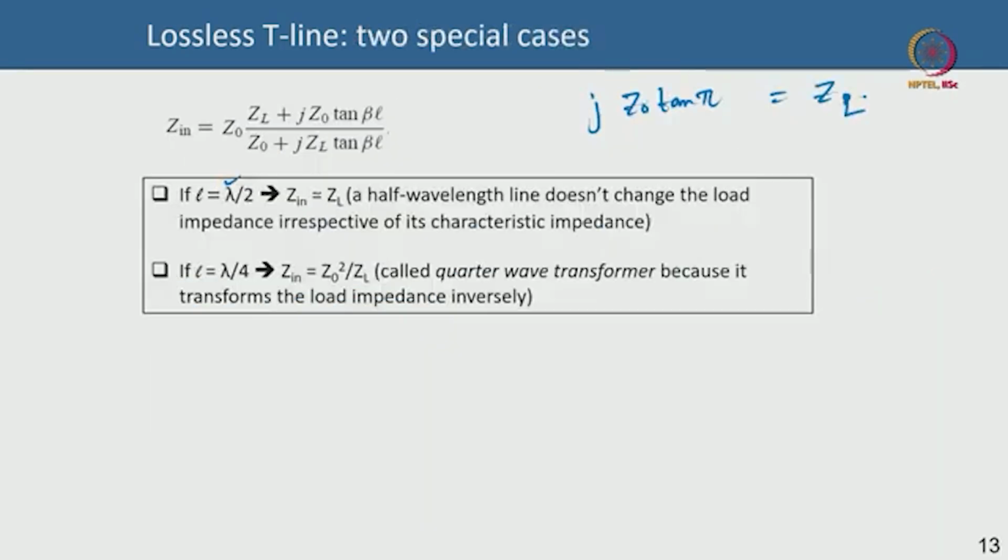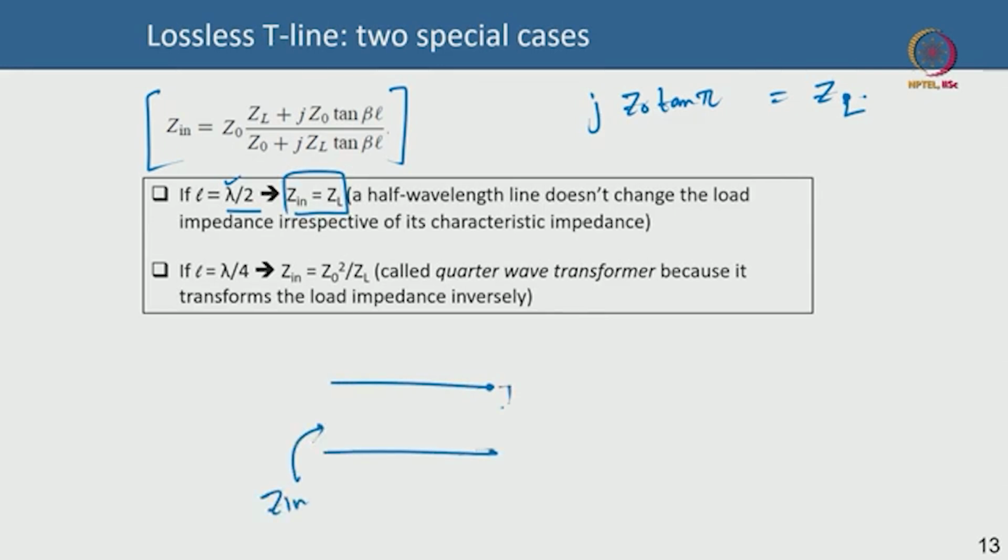But you do not have to necessarily have a short circuit. Suppose I do not have a short. If I write the original expression of the input impedance and put L equal to lambda by 2, then the input impedance is equal to ZL. That means if I have a transmission line like that, the impedance I see from here is exactly equal to the load impedance for a line length of lambda by 2.